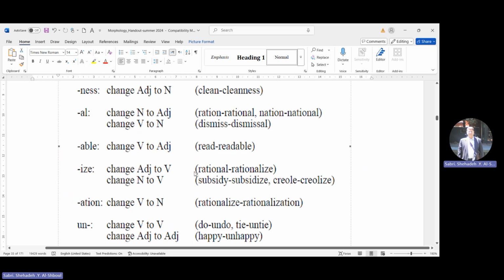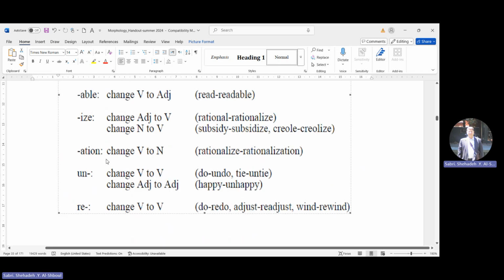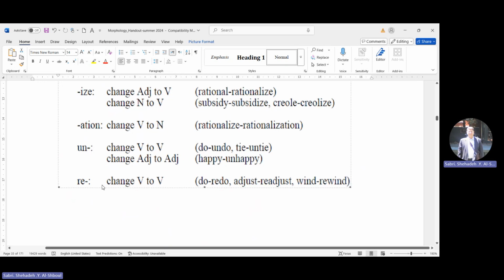Ize, rationalize, a noun into a verb, subsidize, creolize. Ation, rationalize, rationalization, verb into noun. Un, happy, unhappy, adjective into adjective, and verb into a verb, do, undo, untie, redo, readjust, rewind.